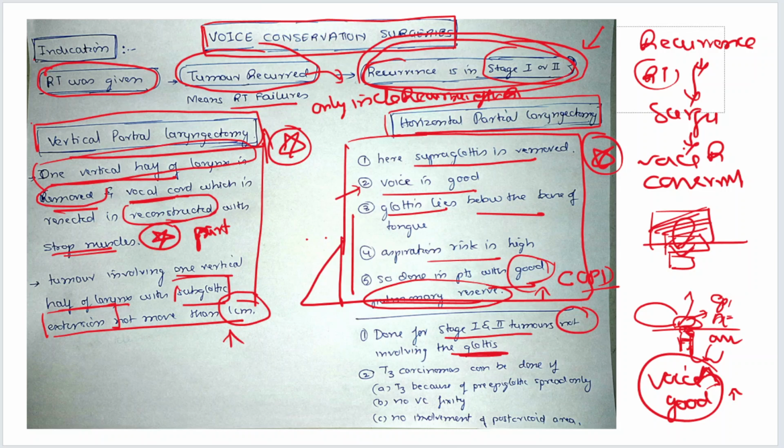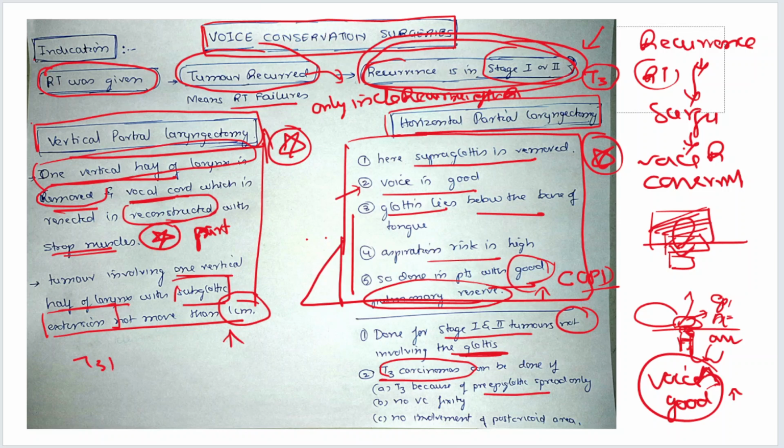We have already talked about it. We have removed the entire part above the glottis. If the glottic carcinoma is involved, obviously you cannot go ahead with this procedure. You can do T3 carcinomas also. We said T1 and T2, but you can do T3 also, only if it is T3 because of pre-epiglottic spread.